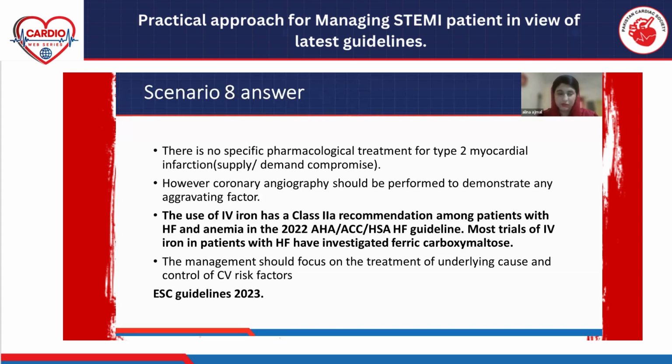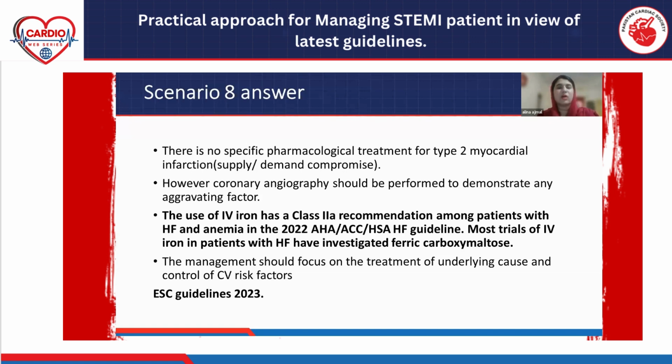So it is quite possible that his demand is much more than his supply. If the oxygen demand is not being fulfilled by the supply, he can have some pain in his chest, and he can have some myocardial necrosis even due to such a small amount of hemoglobin in his blood.